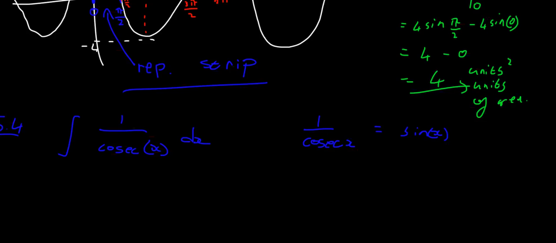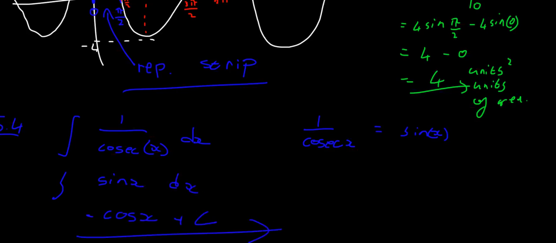Yeah, 1 over cosec x is equal to sine x. So this is equal to the integral of sine x dx, and the integral of sine x is negative cos x plus c. Done. So this was just a simple little trig identity, no big deal whatsoever.